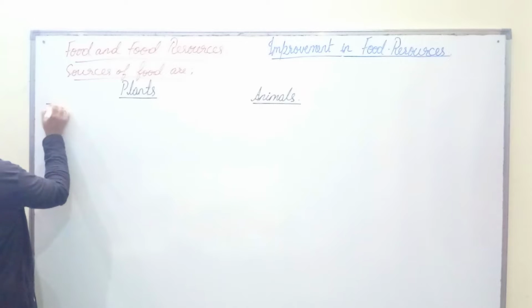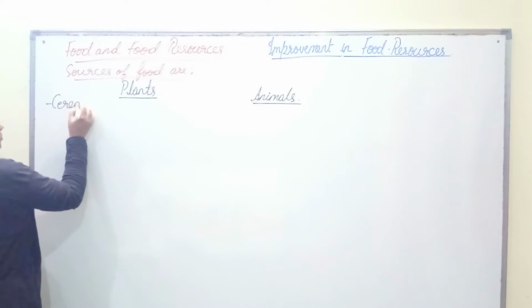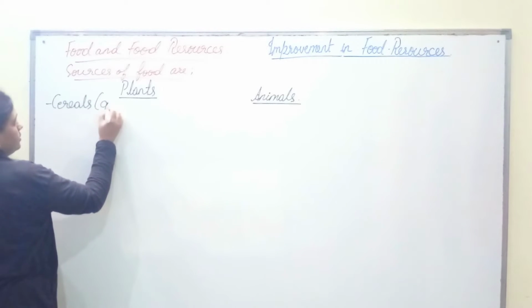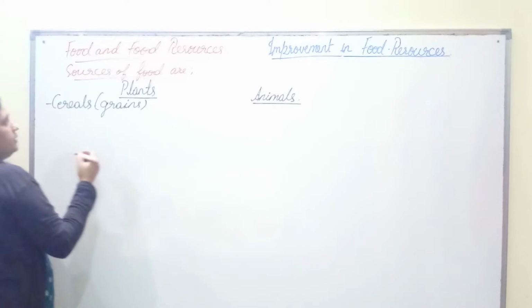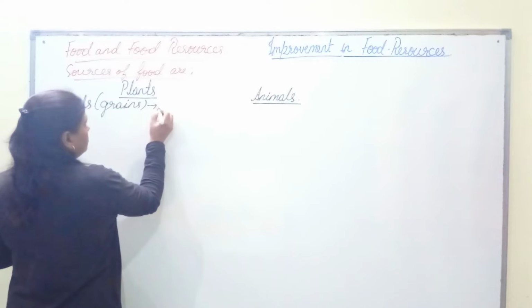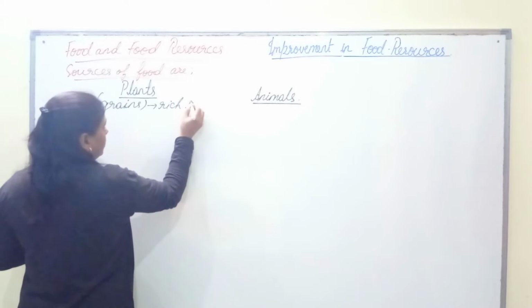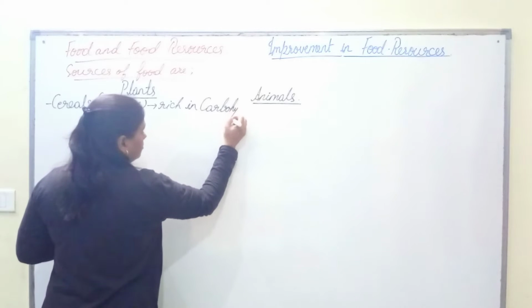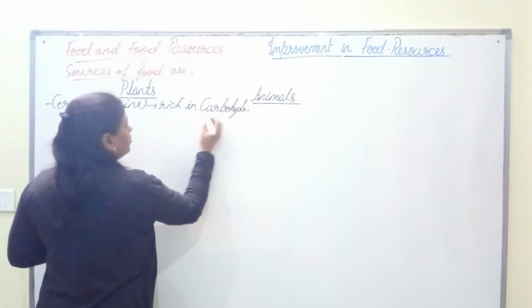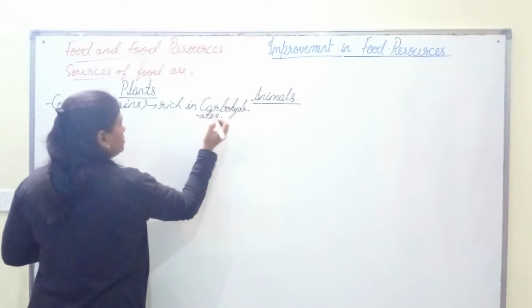So the first example is the cereals. Cereals include all grains that are rich in carbohydrates, or starch.